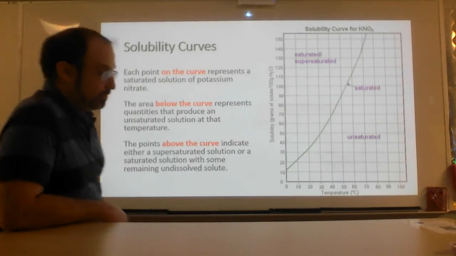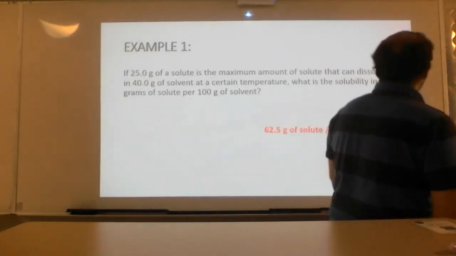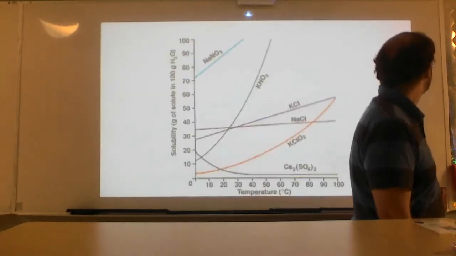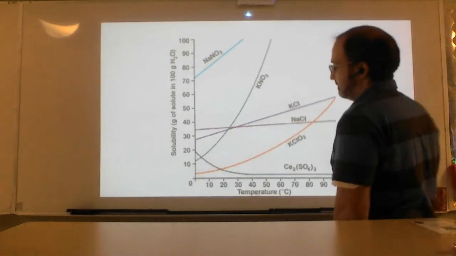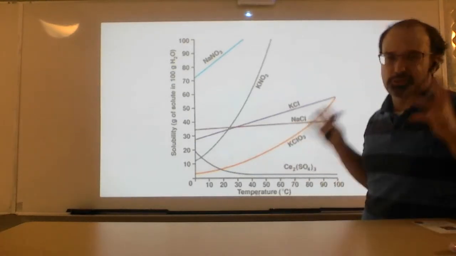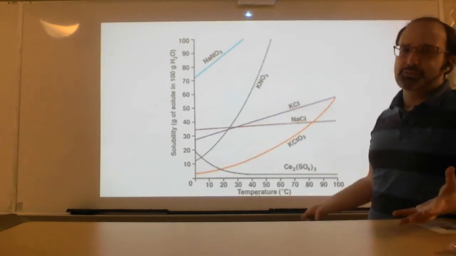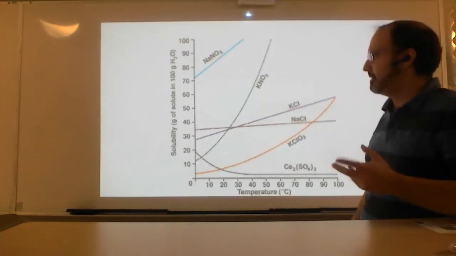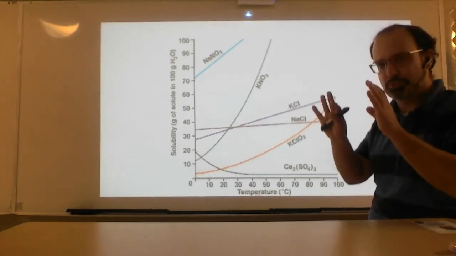So the solubility curve that we saw back here a little bit, let's go back a bit. This one shows a whole bunch of different materials, and these types of curves are always difficult to work with. Usually when we have a graph, we have just one thing on the graph, and it's easier to keep track of. But here, because there are so many lines, it's so easy to get confused.